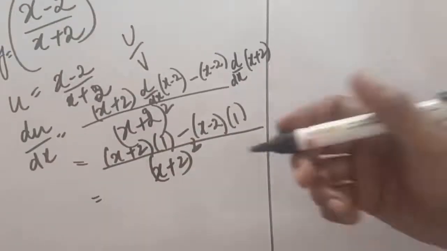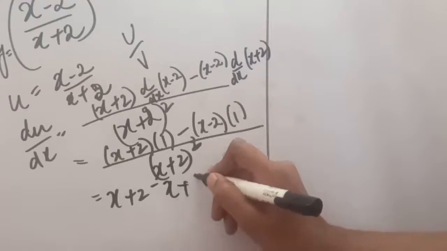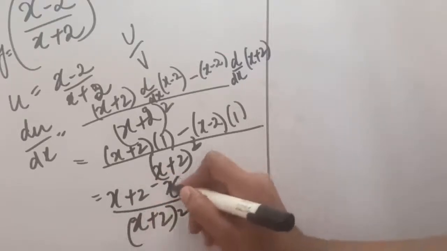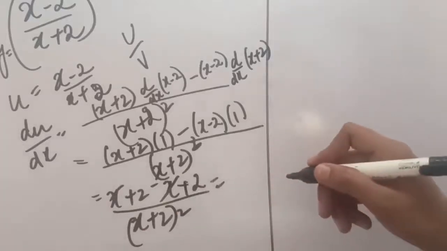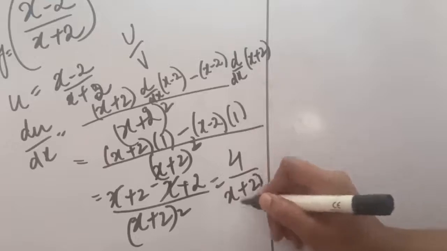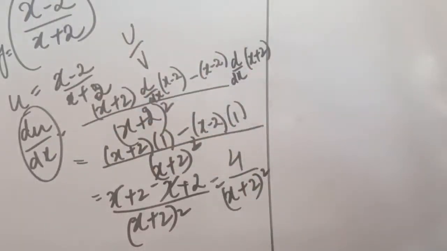Now solving it further, it will be x plus 2 minus x minus 2 divided by x plus 2 whole square. X will be deleted, so our answer for the first part will be 4 divided by x plus 2 whole square. So du upon dx we have calculated.